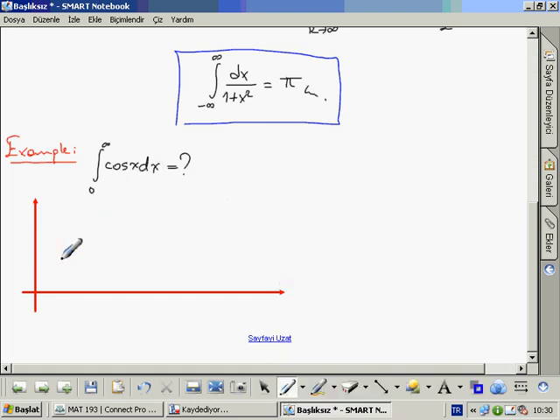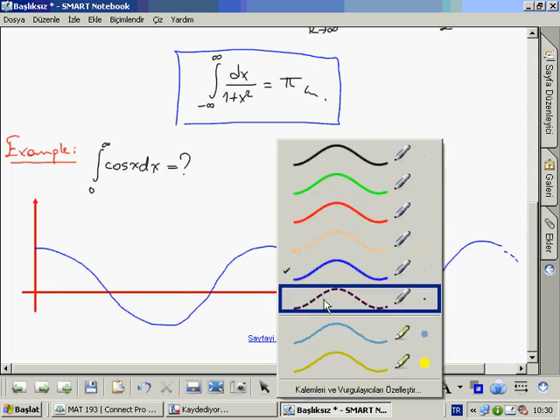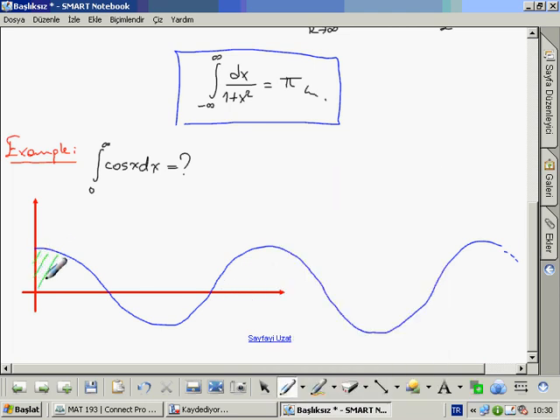You had this question in the second midterm exam. The question asks us to find the sum of this infinite green shaded area.